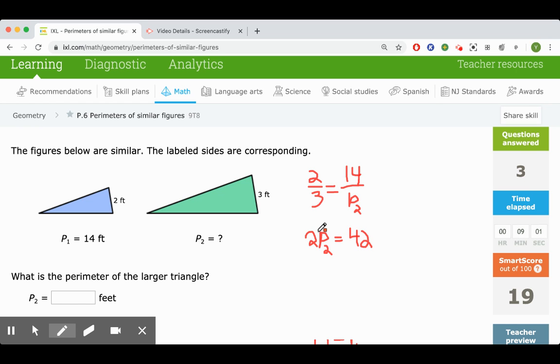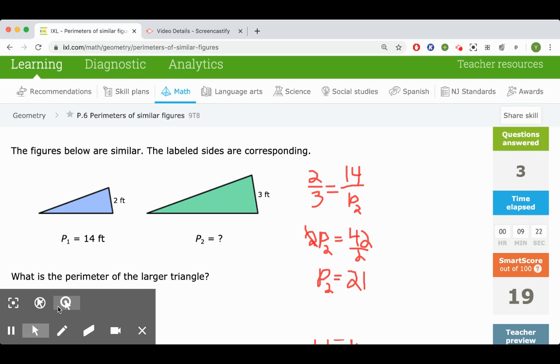That's what happens with proportions. So you divide both sides by 2. Here we can just cross out. That's what usually happens. And 42 divided by 2 will give you 21. So the perimeter of this larger triangle is 21 feet.